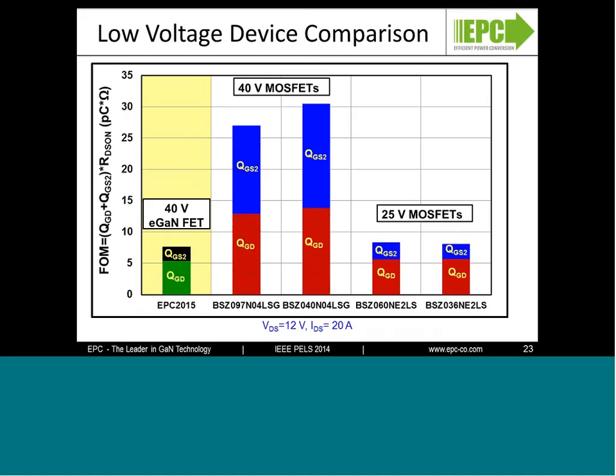As you can see, when you compare a 40-volt GaN device versus state-of-the-art 40-volt MOSFET, these are ones from Infineon, you can see that we have a significant advantage with regard to figure of merit. But for our 12-volt applications, oftentimes a 40-volt device isn't required. It's over voltage. And they can use something around a 25-volt MOSFET, 25 or 30 volts. What you can see is that the GaN FET can offer a similar figure of merit to a much lower voltage rated MOSFET.